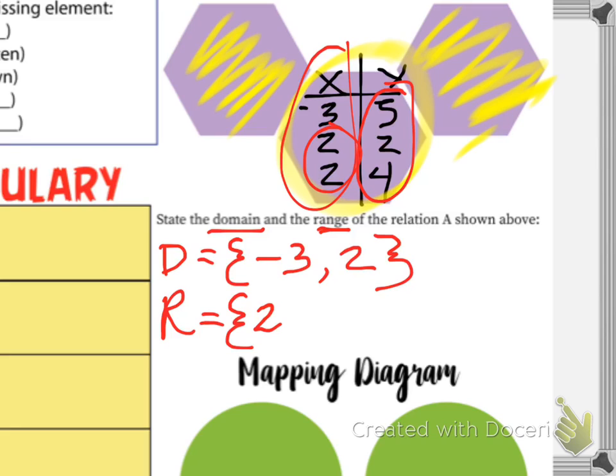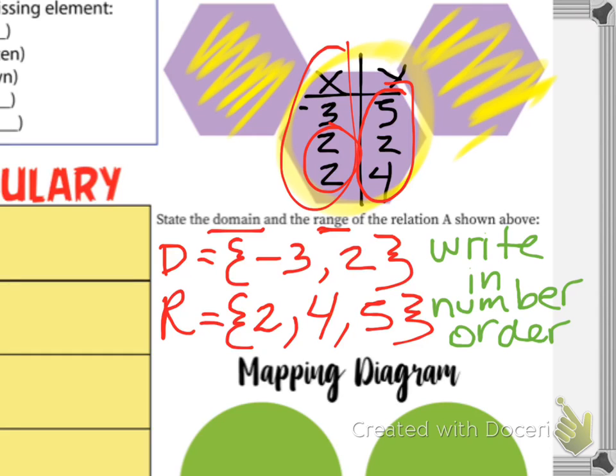Well, I need to start with my smallest number, so that's going to be 2, 4, 5, and I'm going to close those braces, and then I have listed the range. So again, anytime you're listing elements for the domain or the range, you want to write those out in numerical order. Any repeats in your x column, you only have to write those one time. Any repeats in your y column, you only have to write those out one time as well.